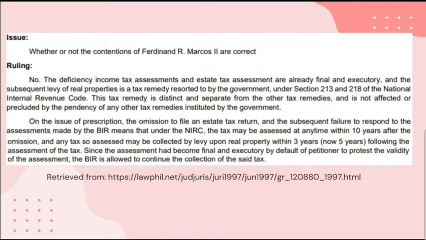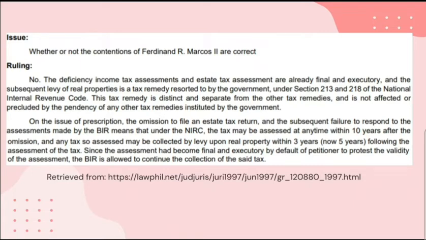This summary tax remedy is different and distinct from the other tax remedies, such as judicial civil actions and criminal actions, and it is unaffected or excluded by the government's other tax remedies.